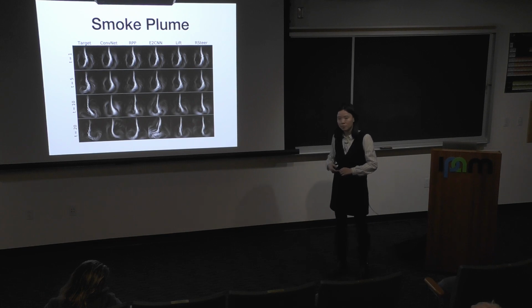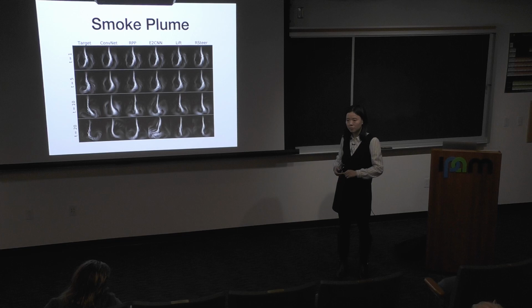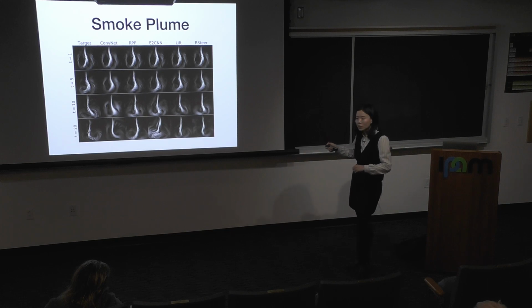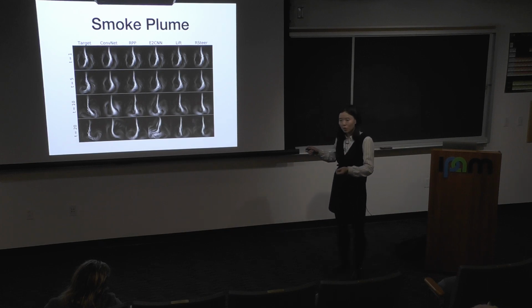Is the injection system such that you continue injecting additional energy into the system? This is a simulated smoke, so we have an external force. The external force is applied to the smoke at every timestamp.